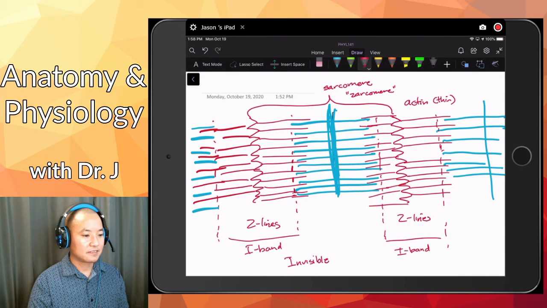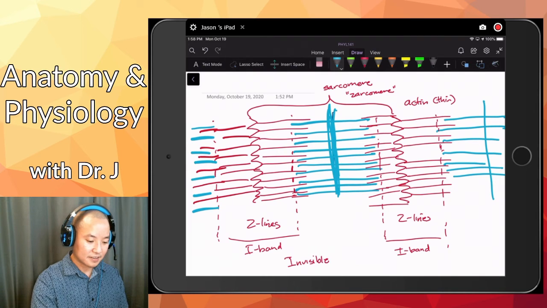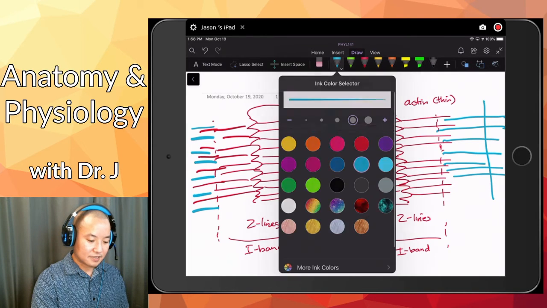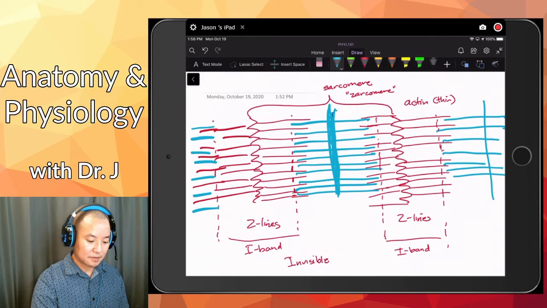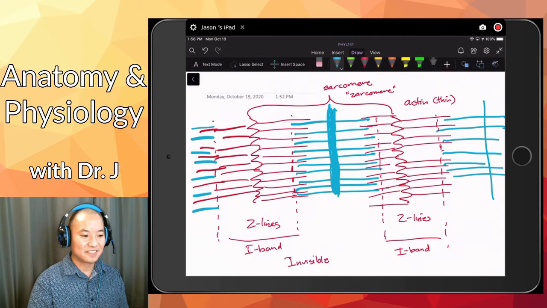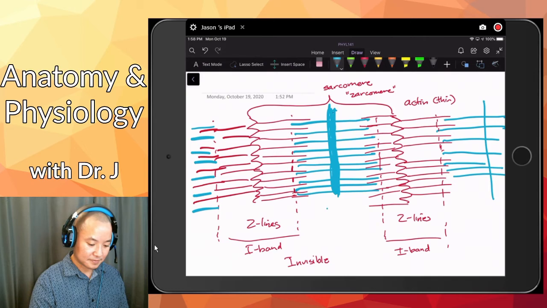So then we have, okay, this part right here. Notice I drew this extra thick. And remember, thick filaments, these are myosin, right? So in the middle of all of the myosin filaments is the M line. So this is the M line right here.